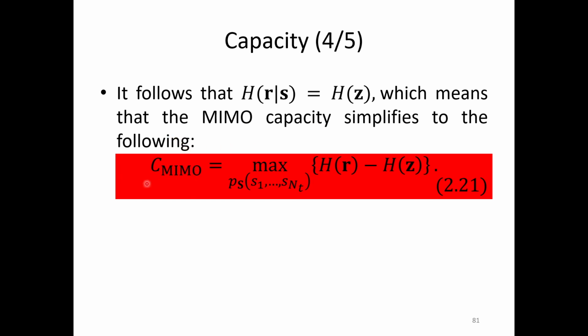C MIMO is equal to the maxima of the entropy of R minus the entropy of Z, and the maximization is over all the possibilities of PS of S1 to SNT.